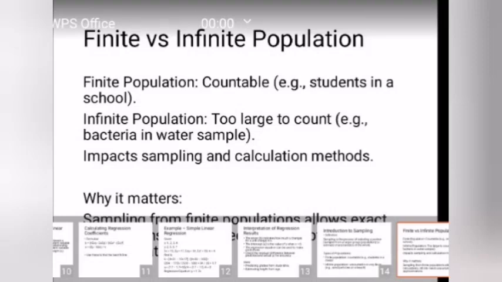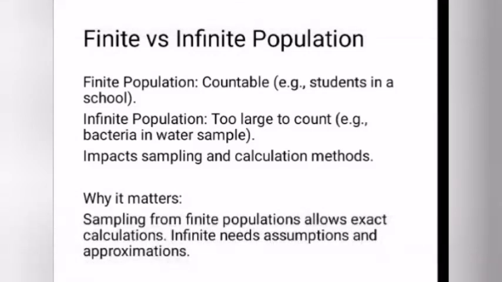As I said, finite population is countable. Infinite populations are too large to count, and these have their own impact in sampling and calculation. When you sample from a finite population, you get an exact calculation. You know that there are 20 people in a class; you want to sample 5 people, you just pick 5 from the class.